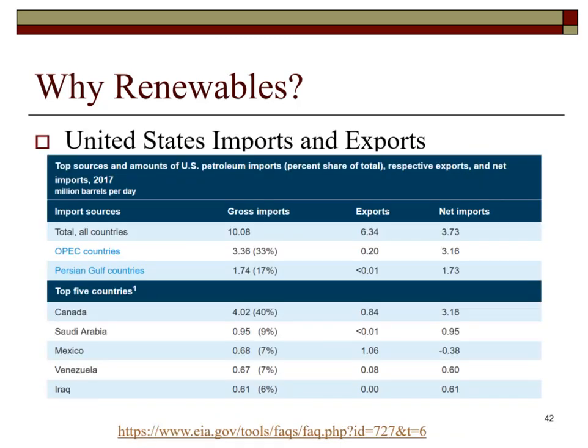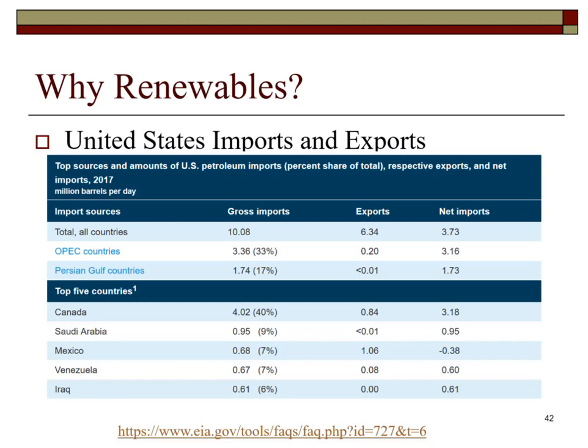In 2017, the United States imported approximately 10.1 million barrels per day of petroleum from about 84 countries. Petroleum includes crude oil, natural gas plant liquids, liquid refinery gases, refined petroleum products such as gasoline and diesel oil, and biofuels including ethanol and biodiesel.